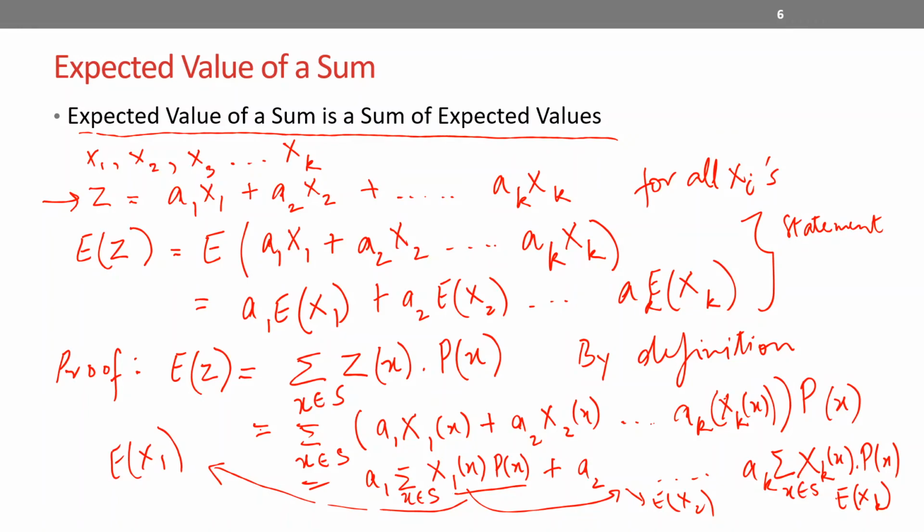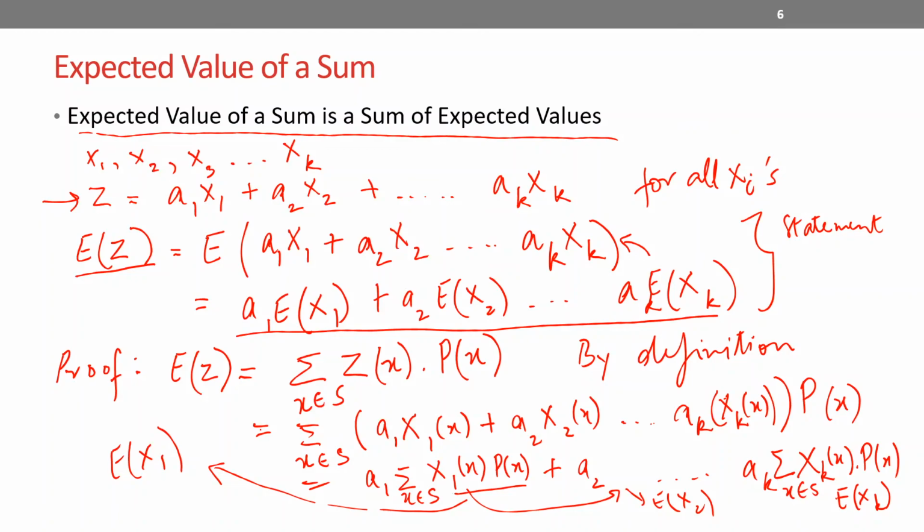I don't have space to write it, but I'll just write down that by definition we can say that this E of z is going to be a1 times E of x1, a2 times E of x2, and ak times E of xk. So we have proved that E of z is equal to this, or in turn, this is equal to this, either one of them, right?